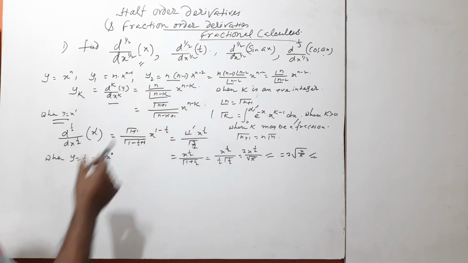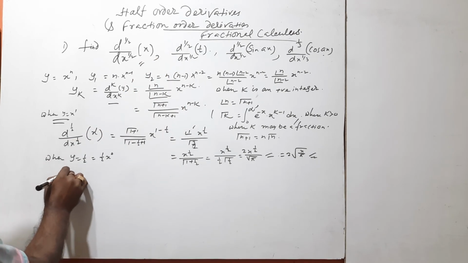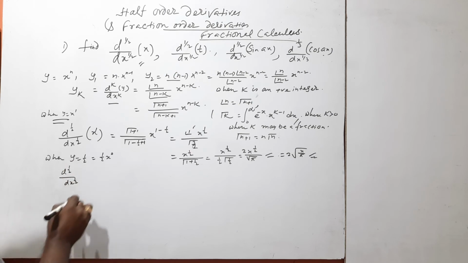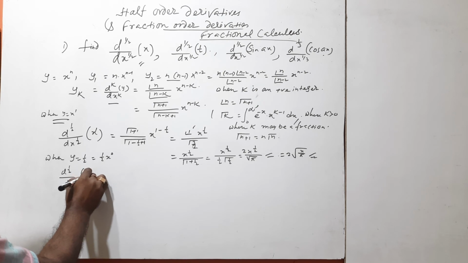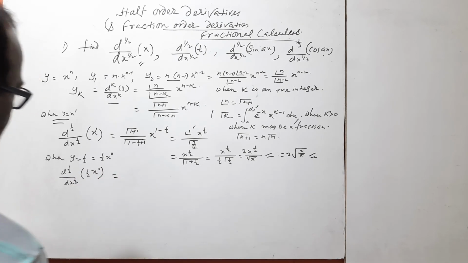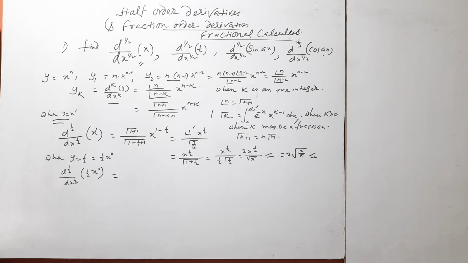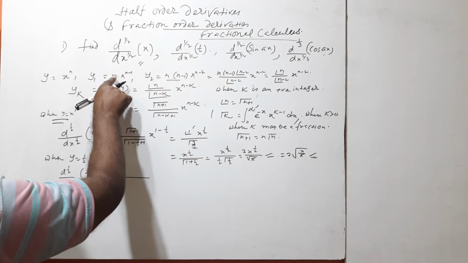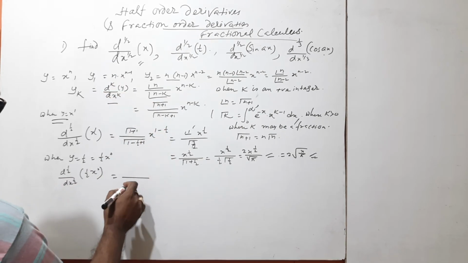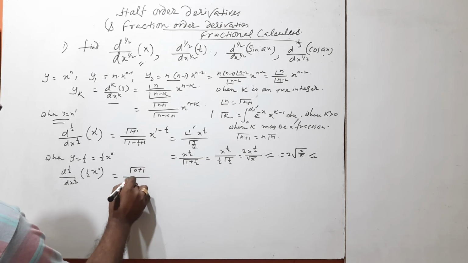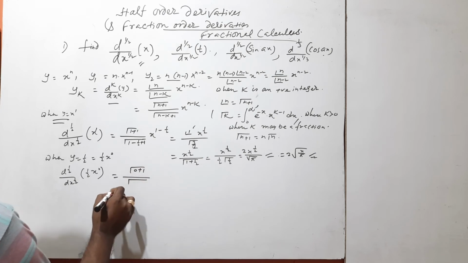Now I want to find the half order derivative of this, d to the half over dx to the half of half into x to the power 0. The degree n here is 0, so then there is n plus 1, so gamma here is 0 plus 1.